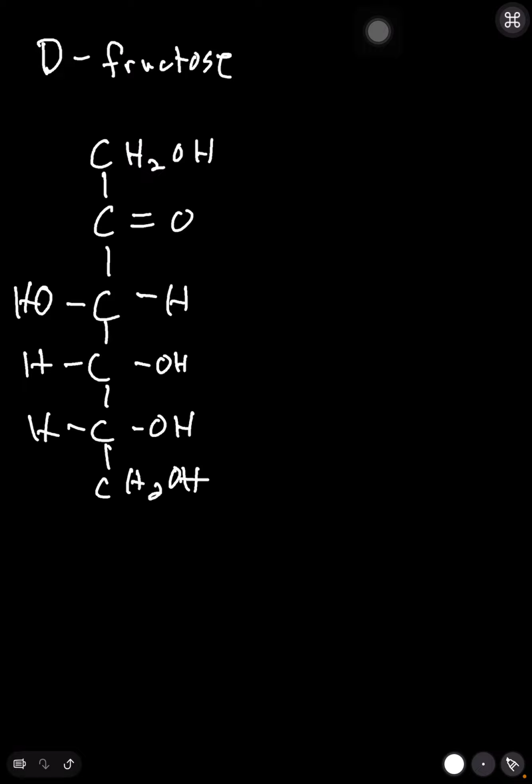It looks very similar to glucose. The big difference is that instead of having an aldehyde group at carbon number 1, you have a ketone group at carbon number 2.